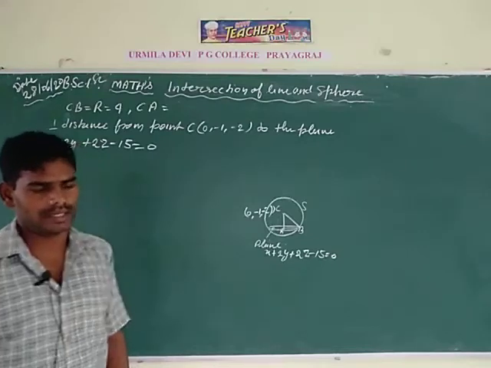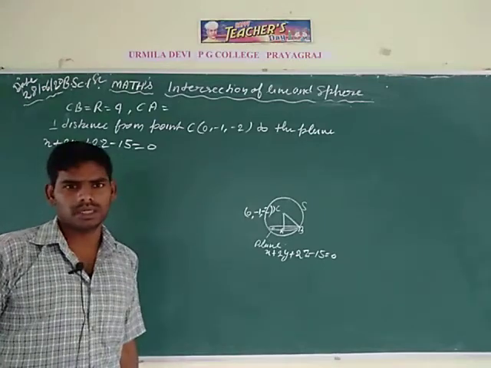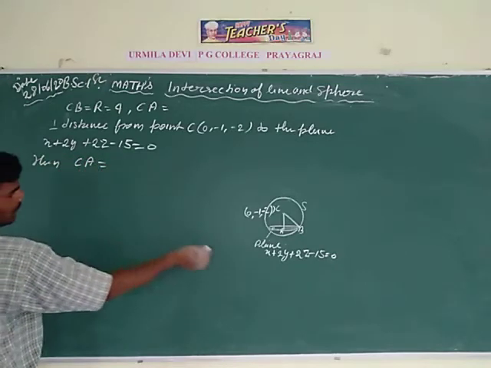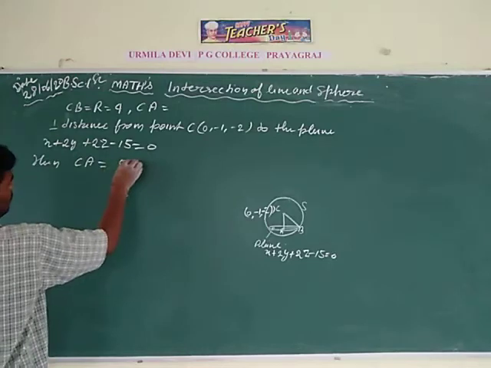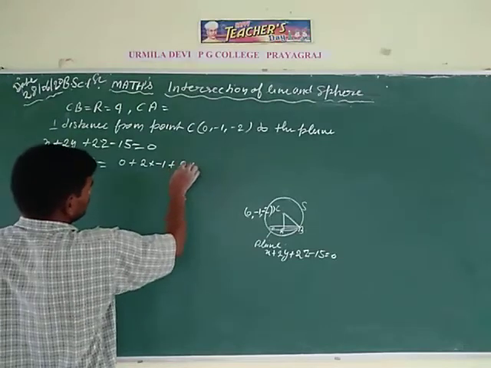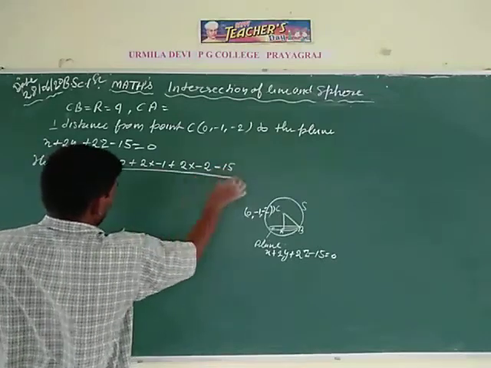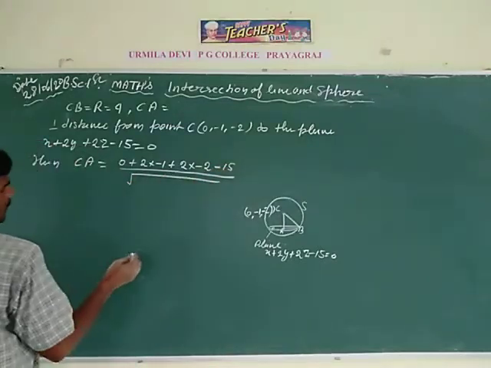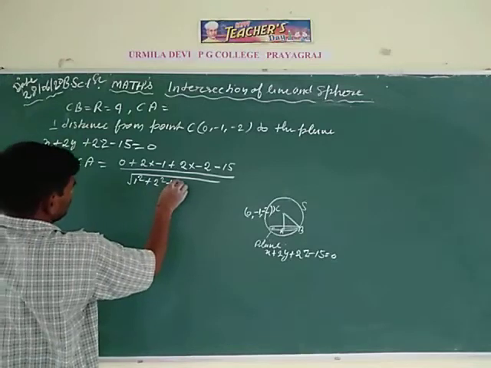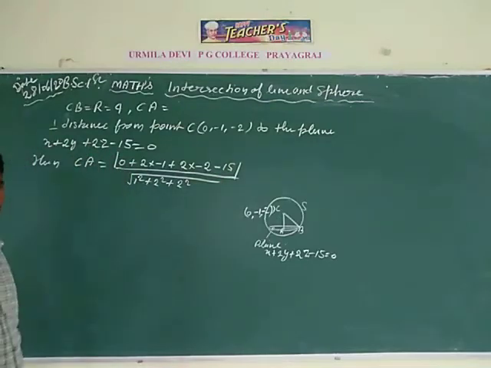Then the perpendicular distance CA is equal to x replaced by 0, plus 2 into y replaced by minus 1, plus 2 into z replaced by minus 2, minus 15, divided by the square root of 1 squared plus 2 squared plus 2 squared. It is taken in mod form because distance is always taken with a positive sign.